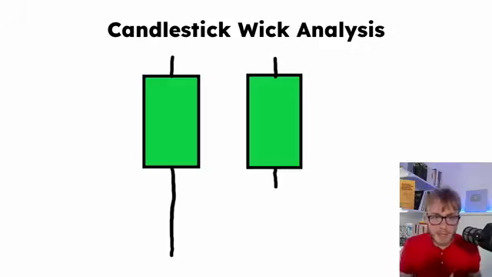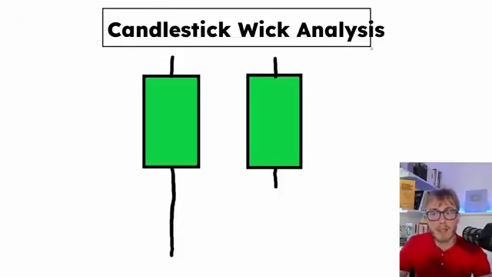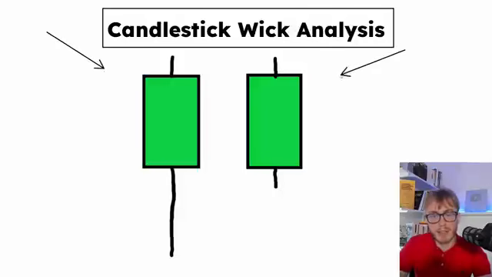Alright, so now it's time to actually switch the attention here and take a look at something called candlestick wick analysis. And as you can see here on the screen, we have two different candles, but they are actually very similar if we look closely. We can see that the high point here for all the candles are at the exact same level.